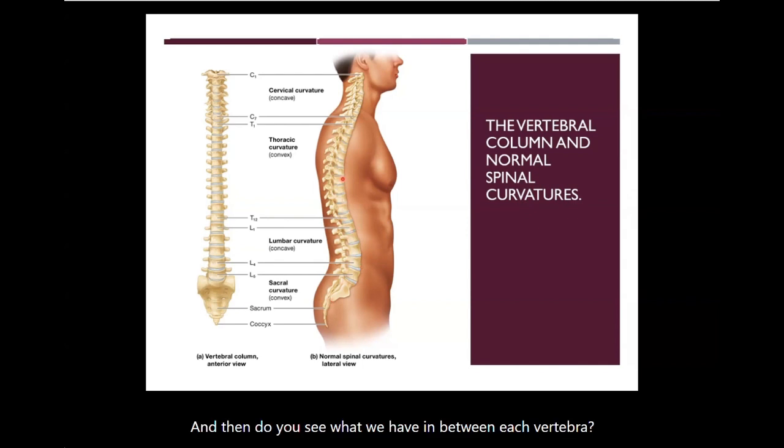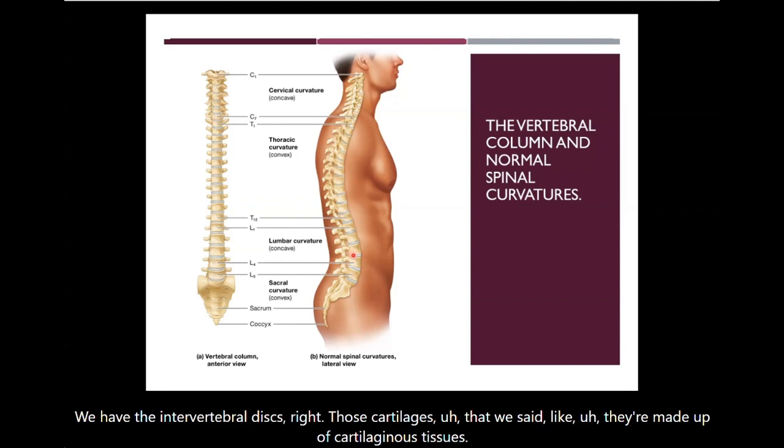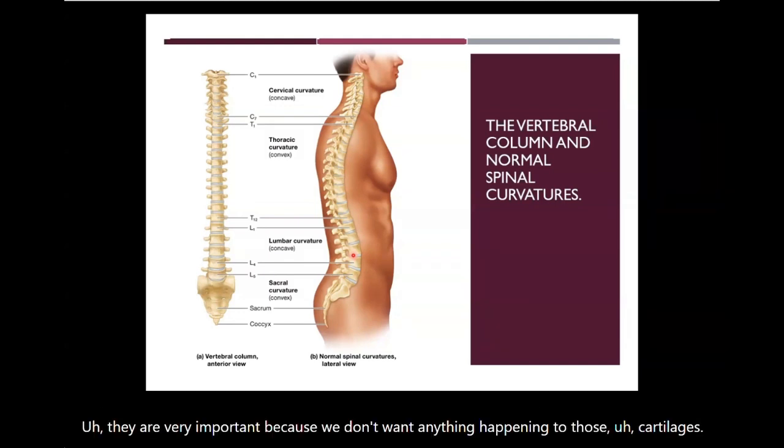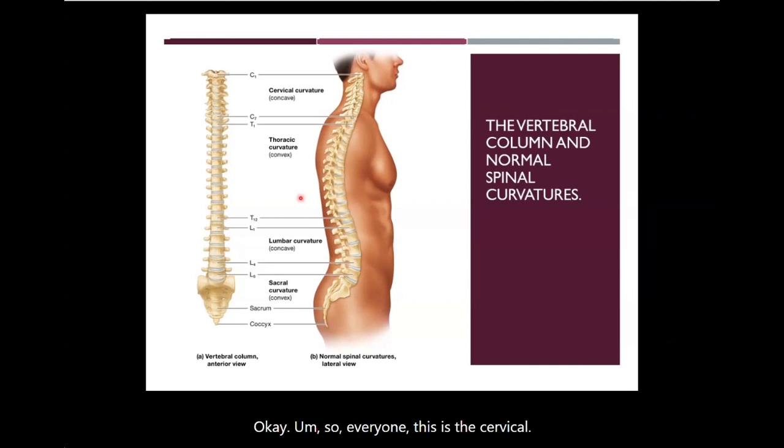And do you see what we have in between each vertebra? We have the intervertebral discs, right? Those cartilages that we said are made up of cartilaginous tissues. They're very important because we don't want anything happening to those cartilages, because then the vertebra are going to sit on top of each other and cause pain, okay?